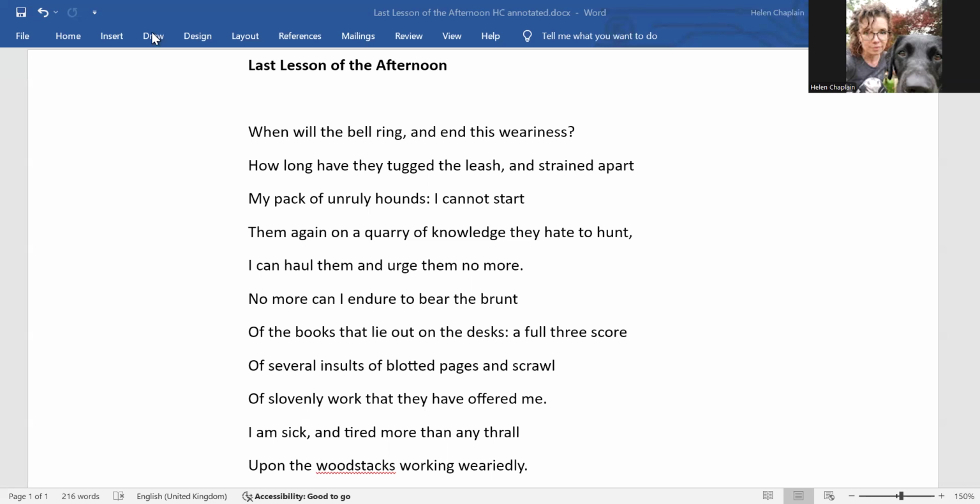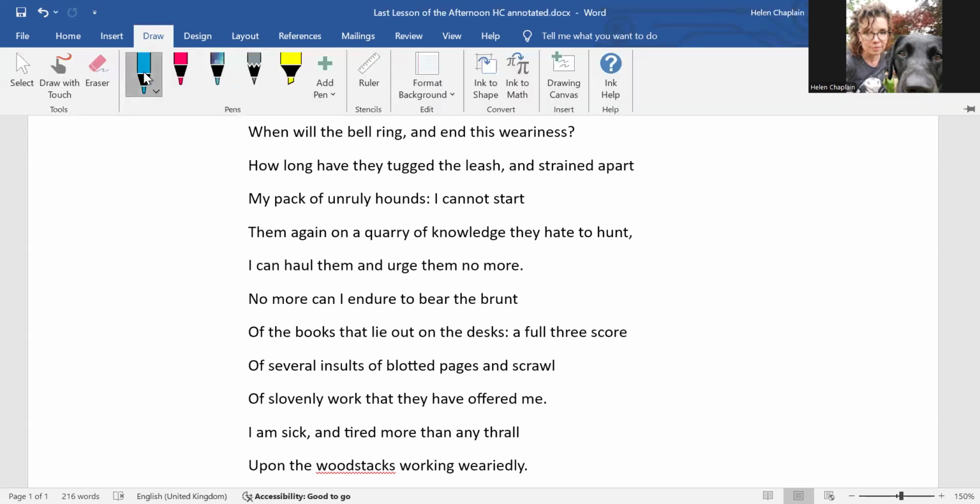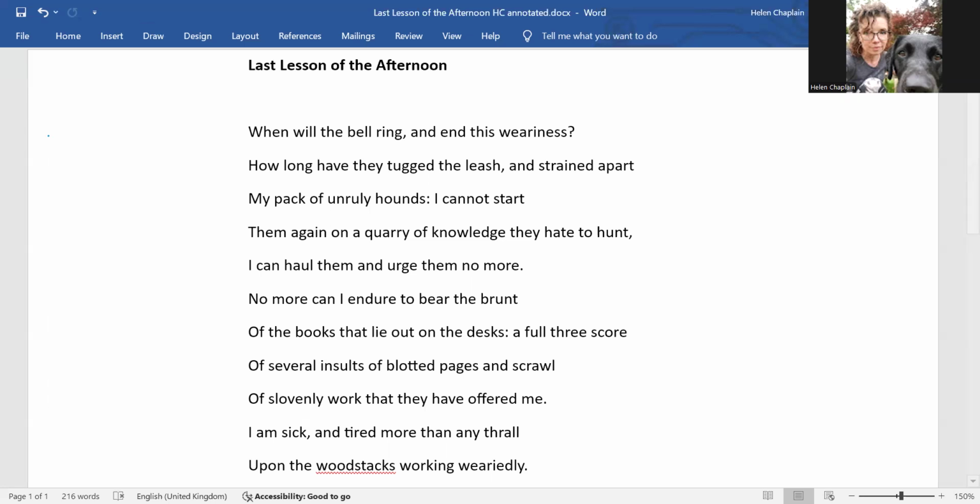If you're subverting something, you're challenging it, turning it round. So last lesson of the afternoon, we know we're going to be in a school environment. And the expectation, I guess, is that traditionally it might be a student, right? If you know this poem, you'll know that straight away is an idea we're going to play with.